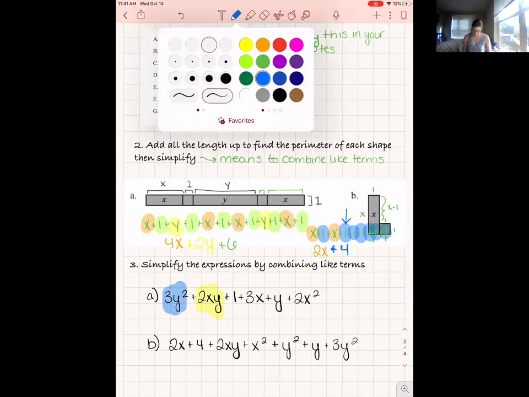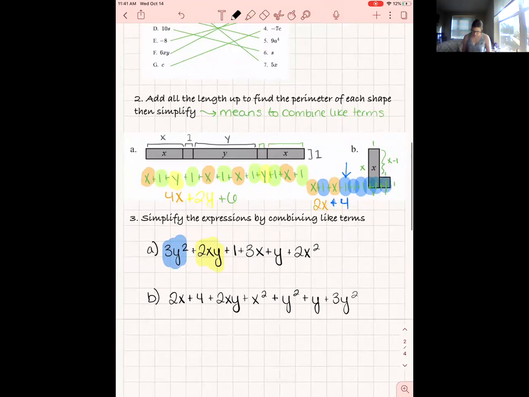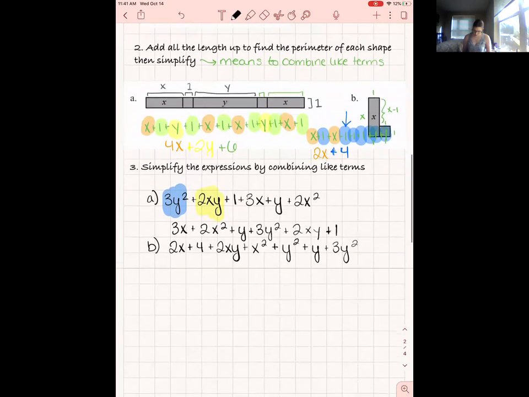So if I were to rewrite this in alphabetical order, I would start with 3x, then move to 2x squared, then move to my y, then my 3y squared, then I do my combined, and then you do your unit. So that's a bad example. That's okay.